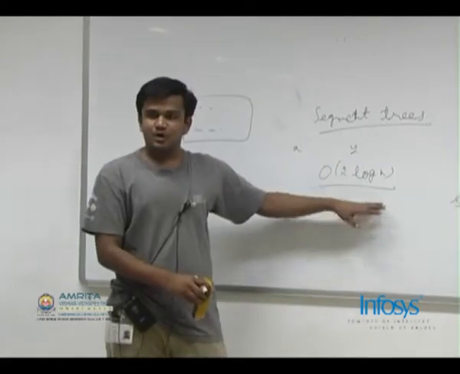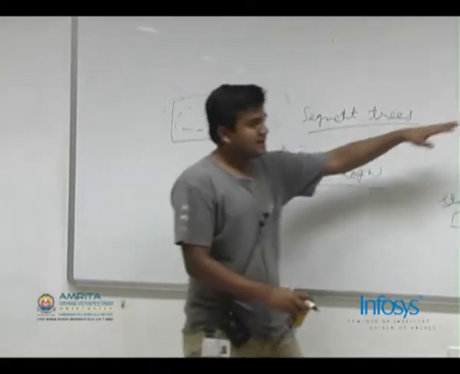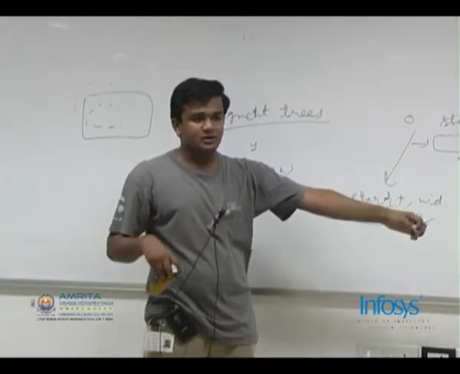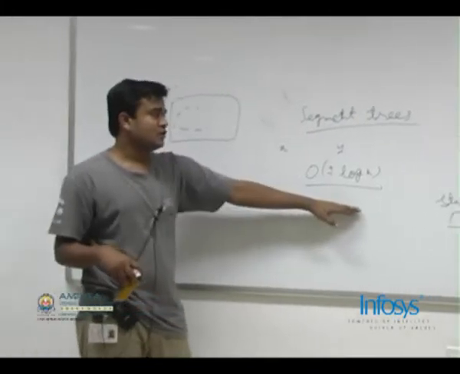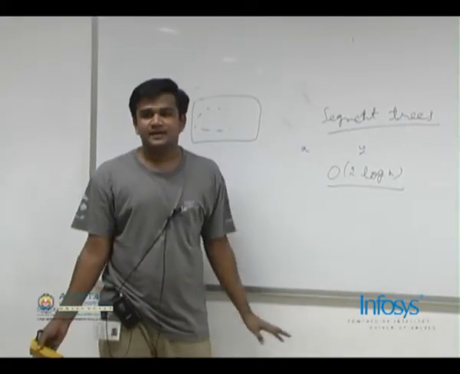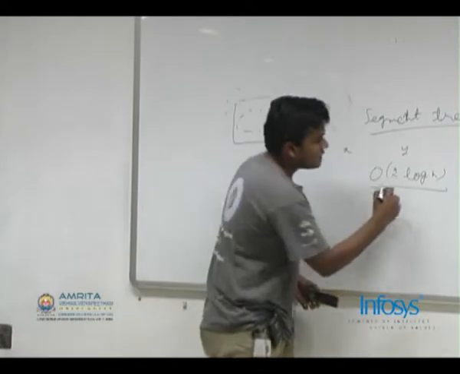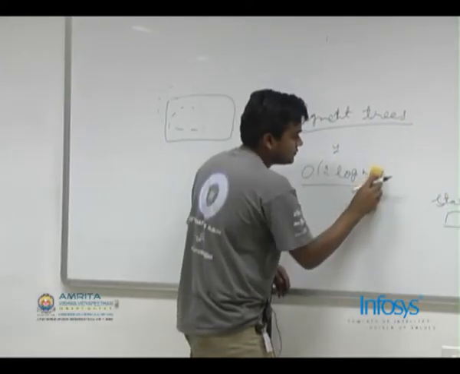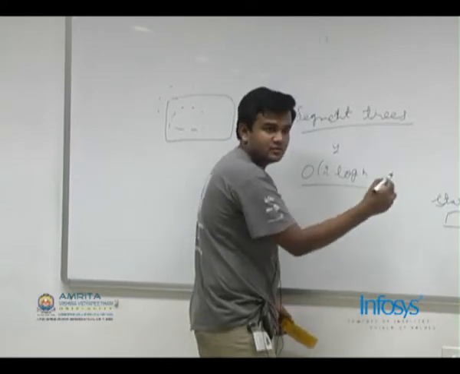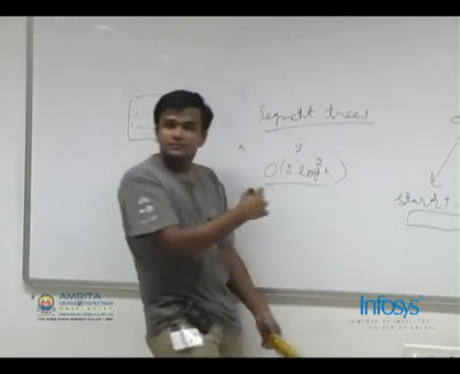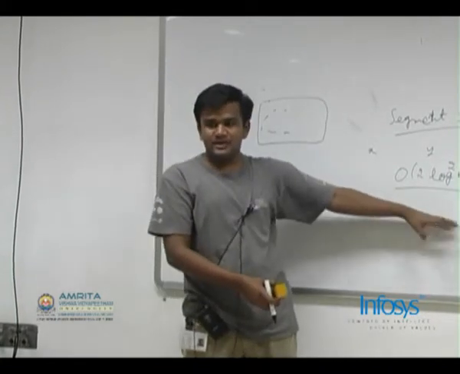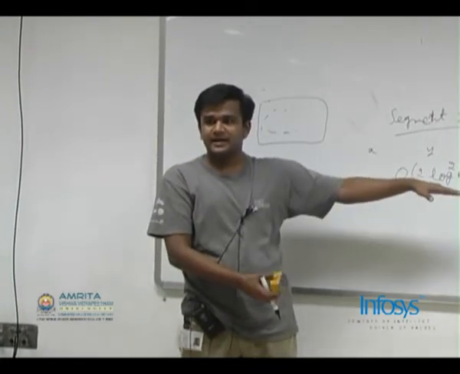You guys can read up more about the proof of this. When I keep dividing a range in half, keep doing that and store it like this, at most 2 log n nodes will be used to represent any interval. So in all these 2 log n nodes, I will do a binary search which will be another log n. So it is log square n. You need to read about this 2 log n statement that I gave you.